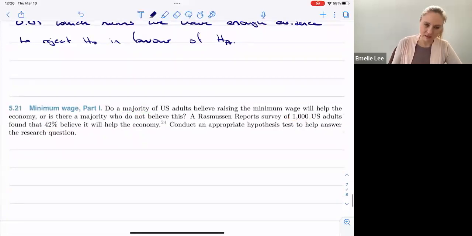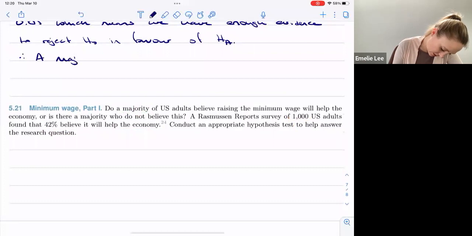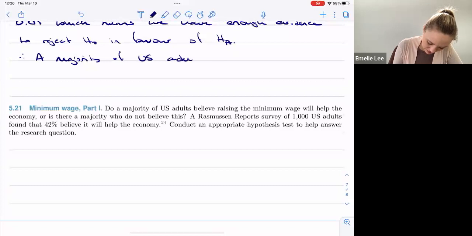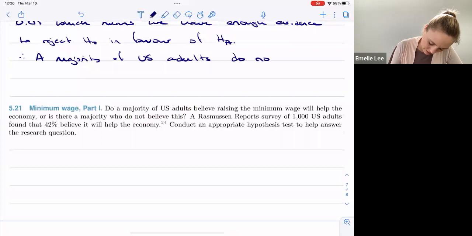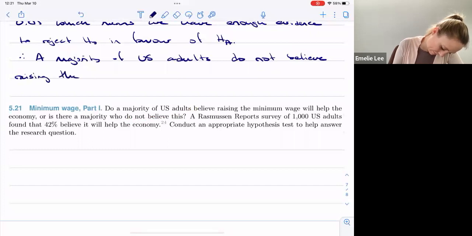So kind of a weird question here, but therefore, a majority of US adults, I guess, would be, do not believe that raising the minimum wage will help the economy.